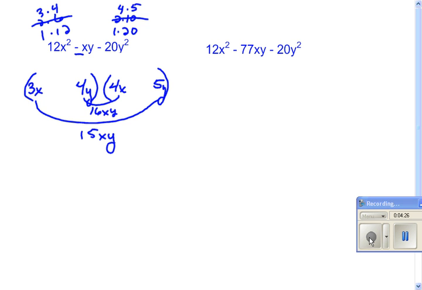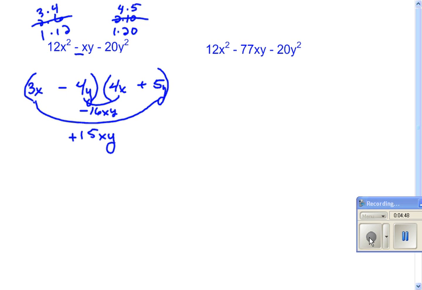The only way I can get a negative 1 is if I have a negative 16 with a positive 15. So I'm going to put my plus with the 5 to make that a positive 15, and I'm going to put my negative with the 4 to make that a negative 16.